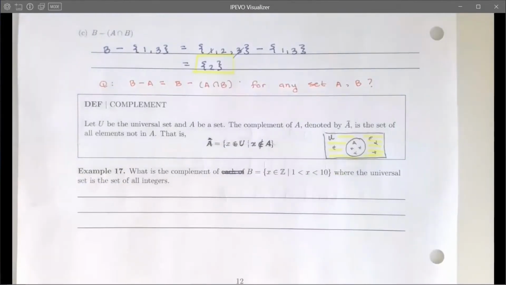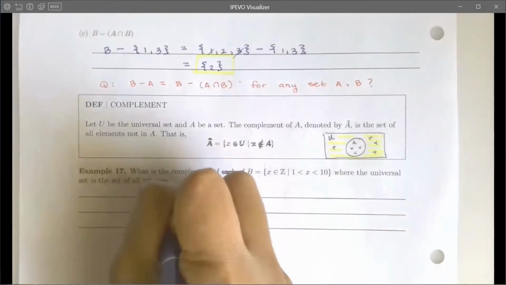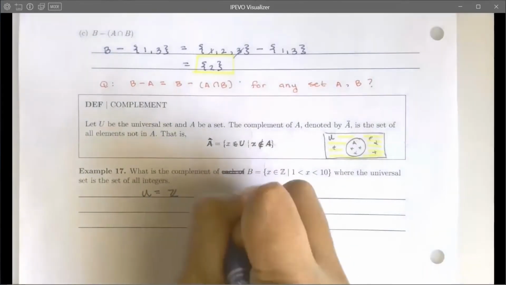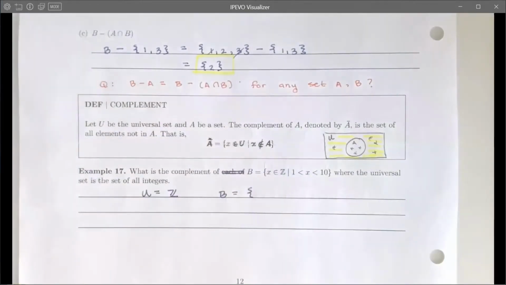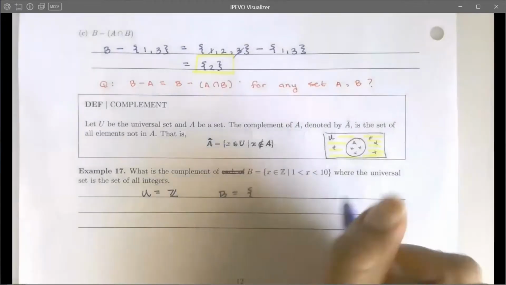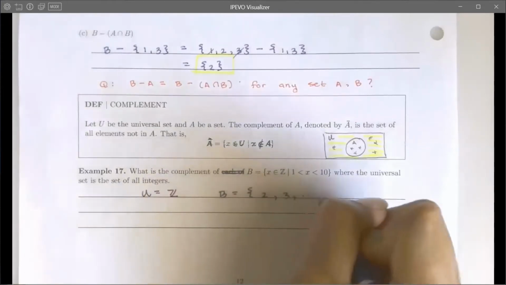Well, if the universal set is the set of all integers, and B is, again, just to write it in roster form, or using the roster method rather than set builder notation, B contains the integers 2, 3, down to 9.